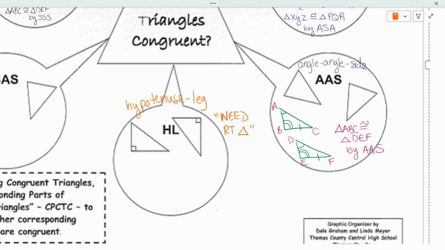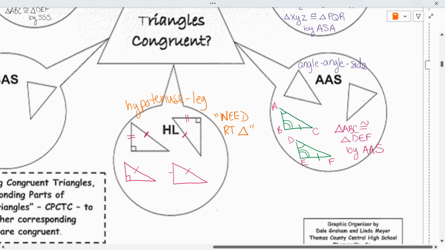So what does hypotenuse leg look like? Well, here's a hypotenuse congruent to another hypotenuse. Here's a leg congruent to another leg. So I'm going to draw two separate pictures. Again, I'm going to mark the hypotenuse and the legs. Let's call this JKL and MNO.